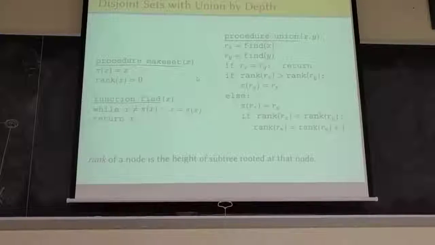Well, it's actually quite simple, right? You can keep track of essentially the depth of a set, and then whenever you have to do a union, you can point the set with lower depth to a set with higher depth.